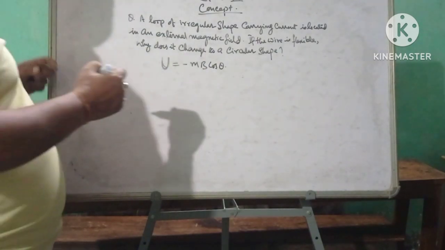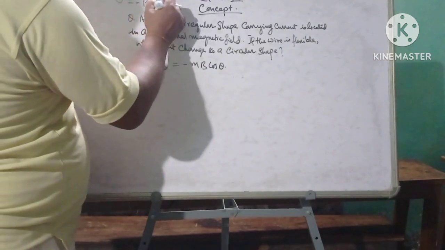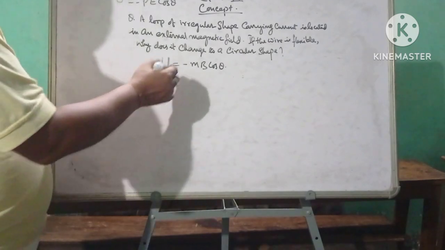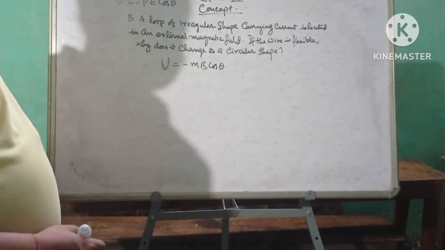So same is the case here: your formula was minus PE cos theta for potential energy, and the same is the case for a magnetic dipole. It is minus MB cos theta.